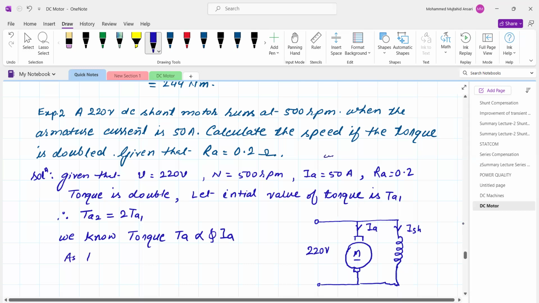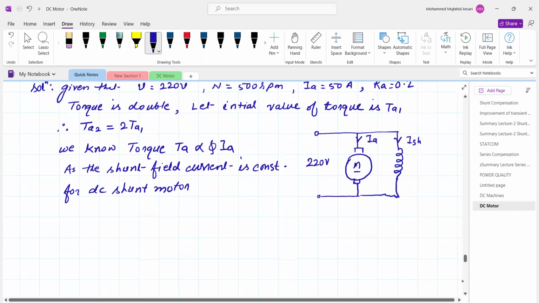As the shunt field current is constant for a DC shunt motor, as long as the voltage is constant, since it is connected in parallel across the supply voltage, hence torque TA is directly proportional to armature current.